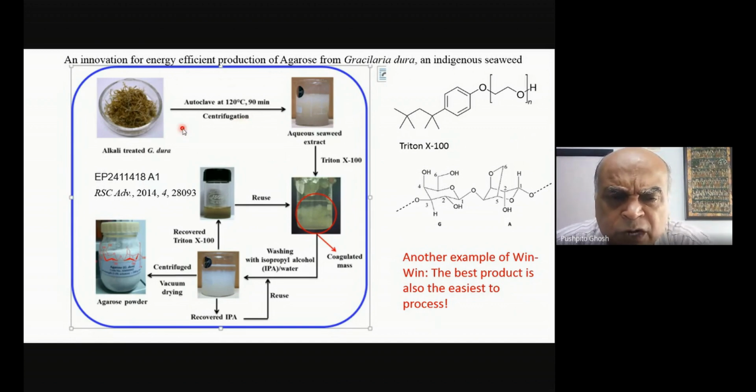All of you would have heard of agarose. Agarose is probably the most important thing in molecular biology, because when you run gel electrophoresis, you do it with agarose, and that's how you separate the bands of DNA and things like that.